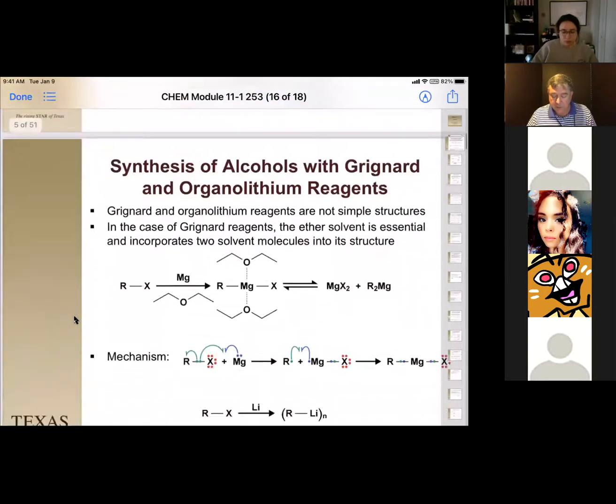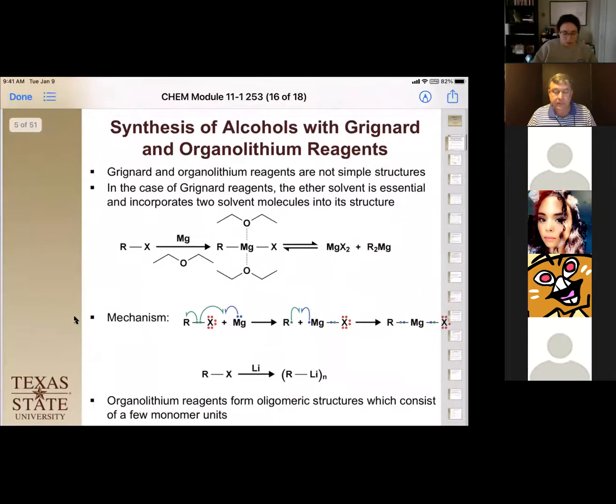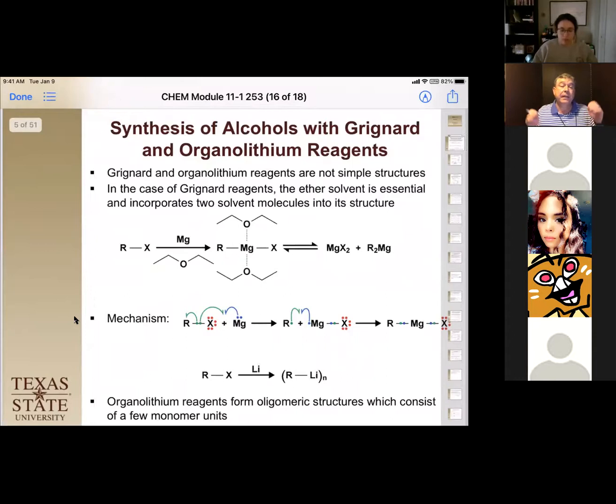Okay. So the way we synthesize this is we usually have to use ether, because the ether is going to support the complex made because of its dipole-dipole interactions and it acting as a Lewis base. The electrons from the ether are going to help support it. And we have to be able to get that magnesium in.